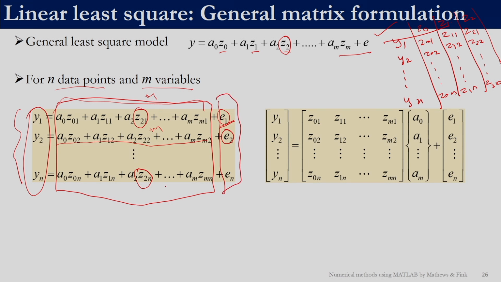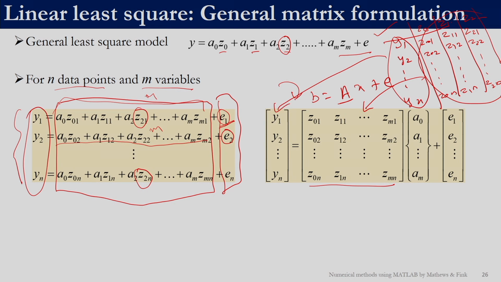These n equations can be written in matrix form, b is equal to ax plus e. The a matrix is nothing but this coefficient matrix, which is the data points, and the y vector is nothing but the observed points. These are the unknown coefficients, m plus 1 coefficients because we are starting with a0, plus we have this error vector.